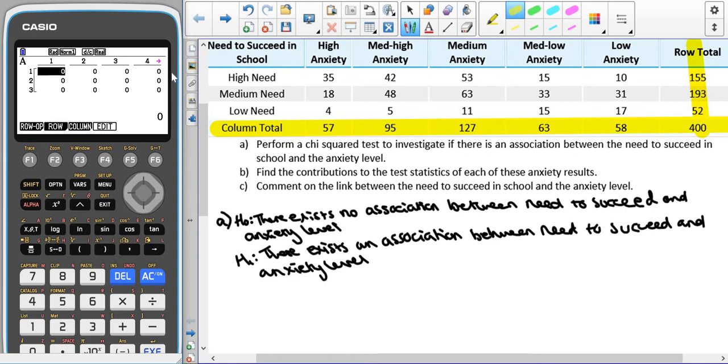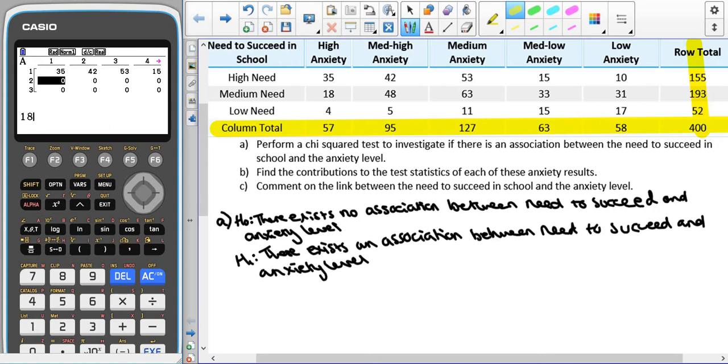Again, if you forget which way around it is, just try them one way. If it doesn't look the same as what your table does, then try them the other way. So I'm going to enter in my numbers going across the top because that's the way that the highlighted cell moves when you're entering it into the calculator. So our first value is 35, 42, 53, 15 and 10.